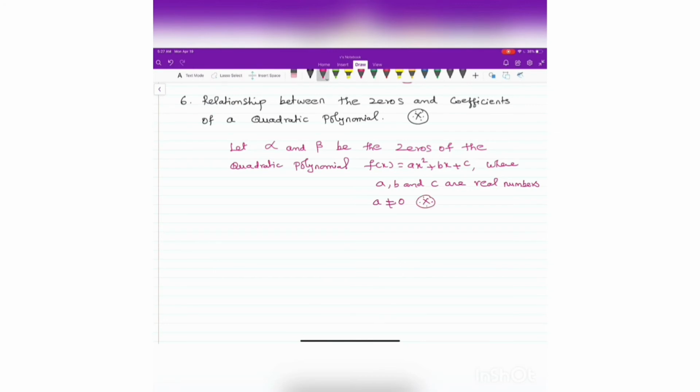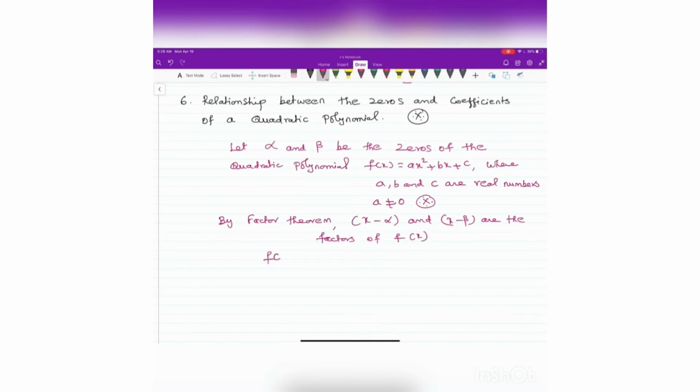Okay. You already learnt in your previous class about factor theorem. So, by factor theorem, x minus alpha and x minus beta are the factors of f of x.